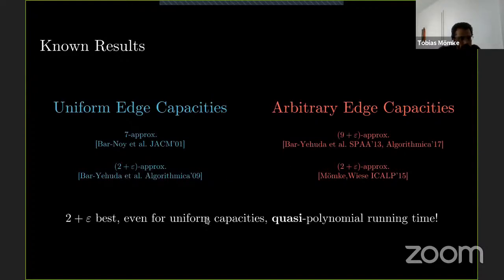And that was still the case if we had quasi-polynomial running times. This is interesting because for UFP, for quasi-polynomial running times, we have a QPTAS. And this we already have since quite a long time, but for the storage allocation problem, we do not have that.